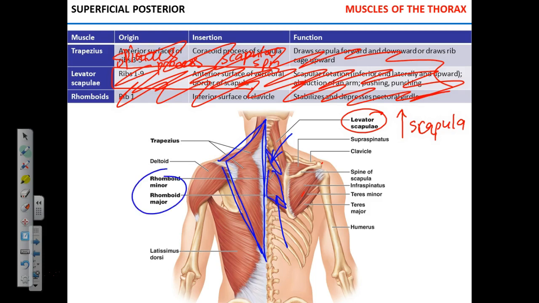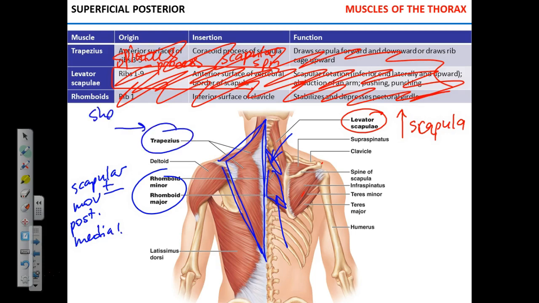So let's write it down. Scapular movement, posterior, medial, shoulder elevation, and scapular movement, posterior, medial.